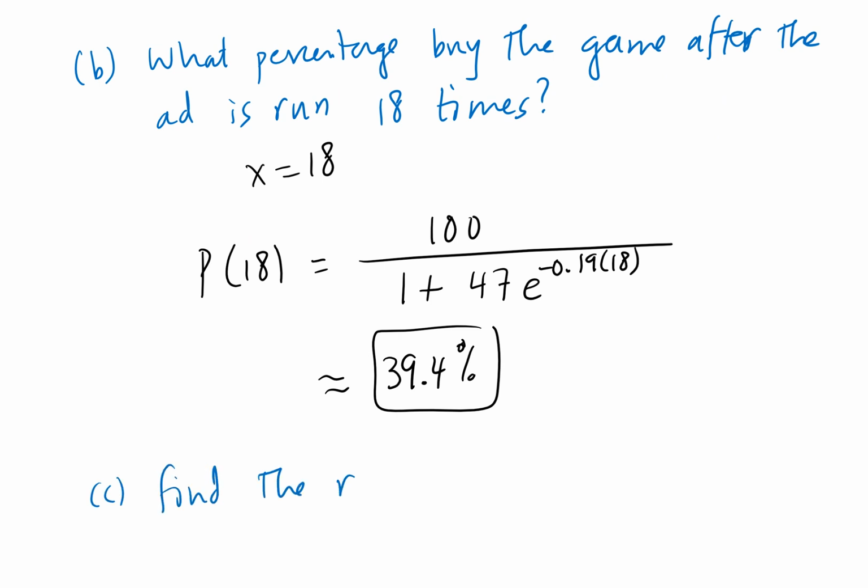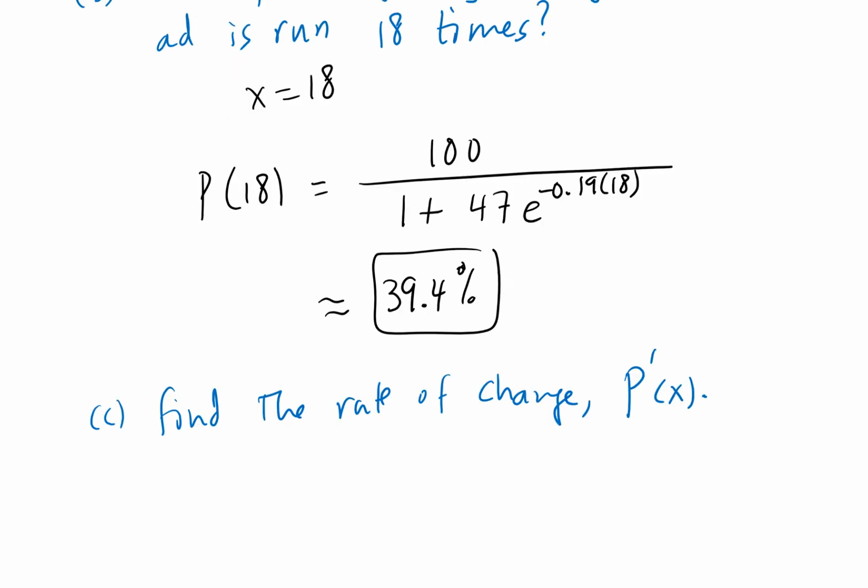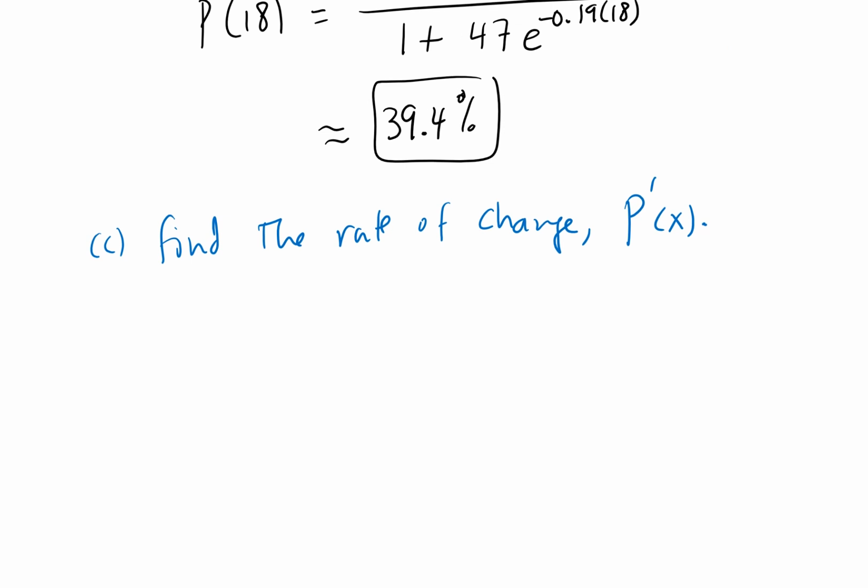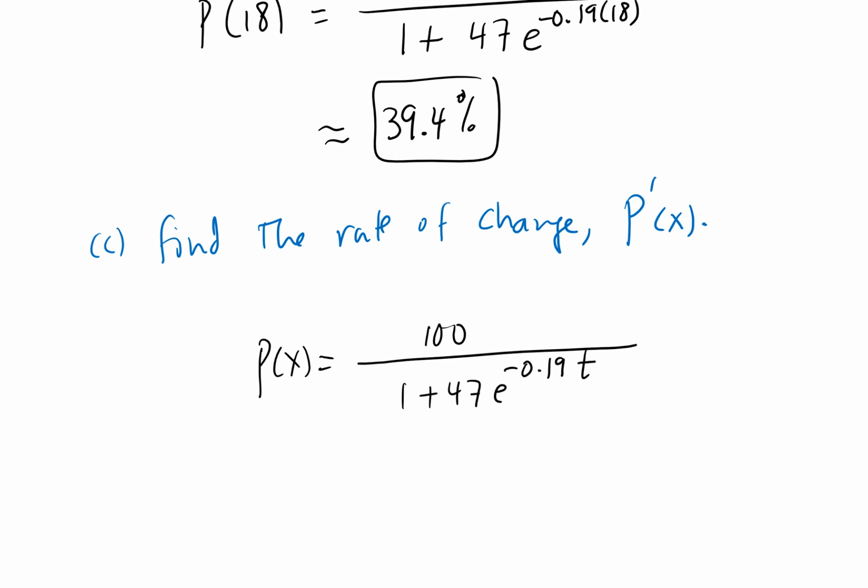Part C, find the rate of change, P prime of X. Okay, so we need to find P prime of X. So let me write what P of X was. P of X was, on the top was 100, over 1 plus 47 e to the negative 0.19 t, or X here.